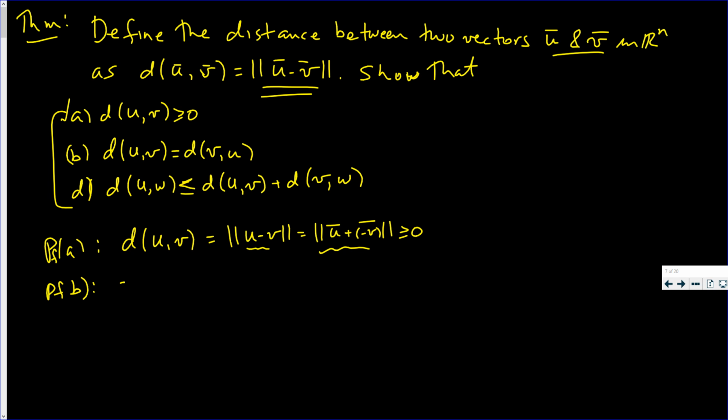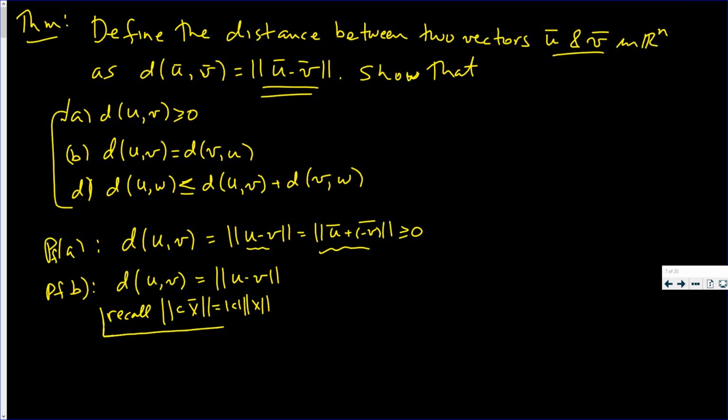Proof for B. The distance between u and v is the length of u minus v. Now, recall that the length of c times vector x is equal to the absolute value of c times the length of vector x.